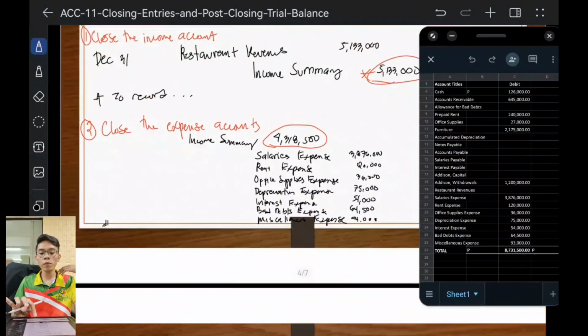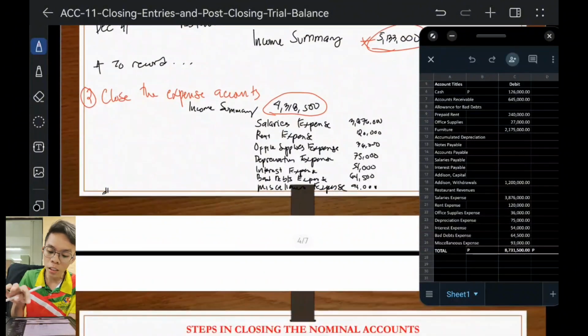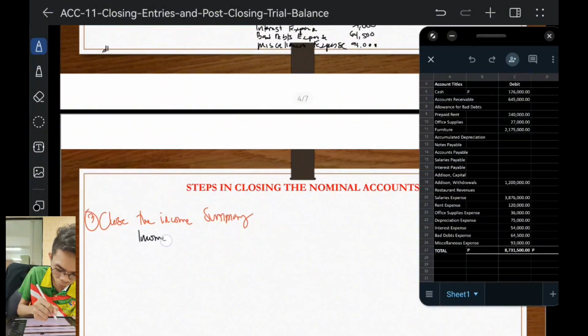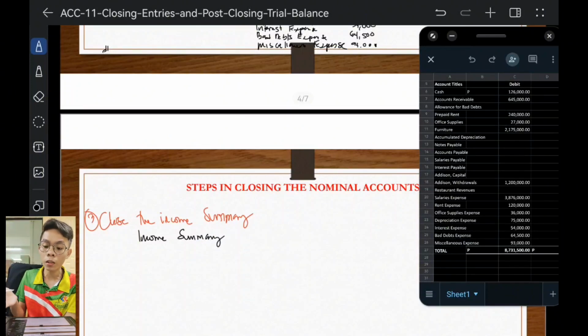But if the debit side is bigger, then we need to credit the income summary to close it. So since in this case the credit side is bigger, we will debit the income summary. And then we will credit it to the capital.